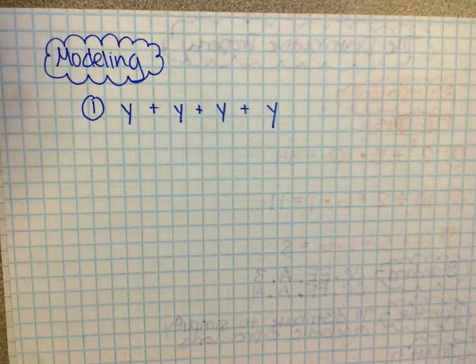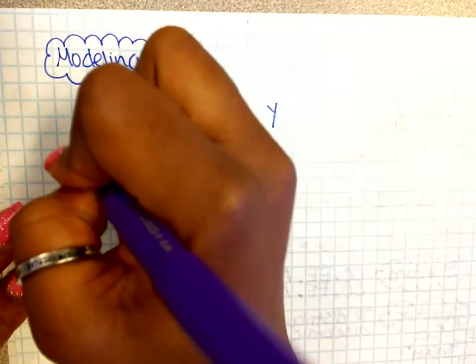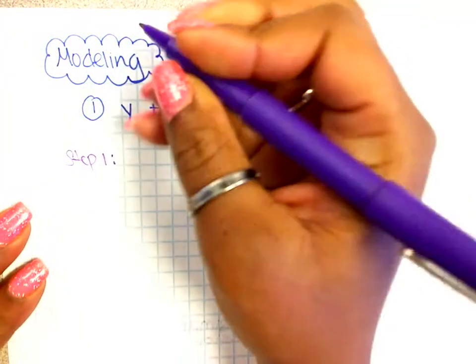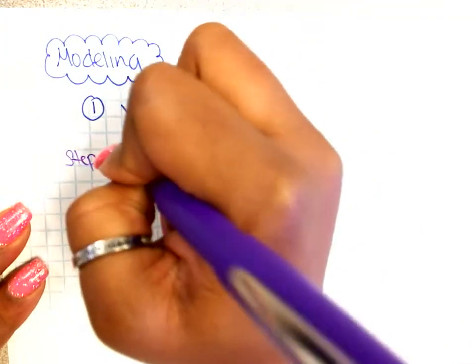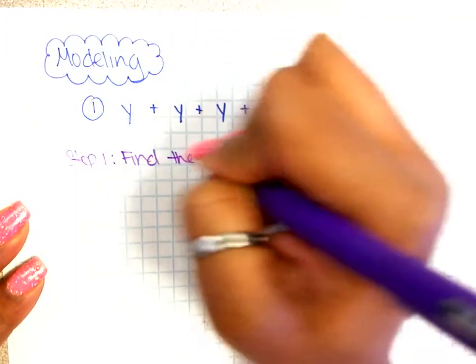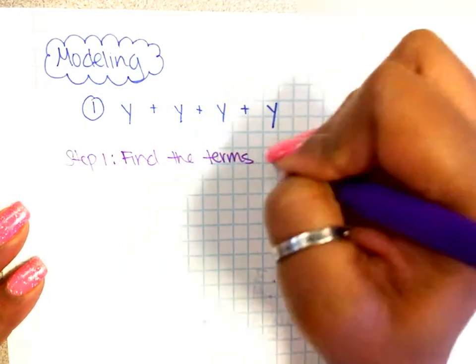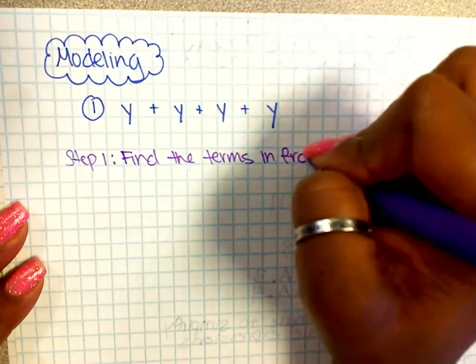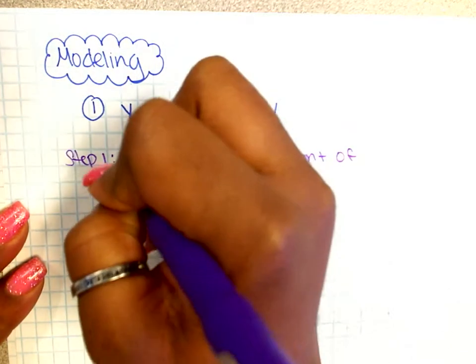Okay, so when there is a variable that doesn't have anything in front of it, there's actually a secret spy number in front of the variable. That secret spy is the number 1. So step 1, you're going to find the terms in front of the variable.